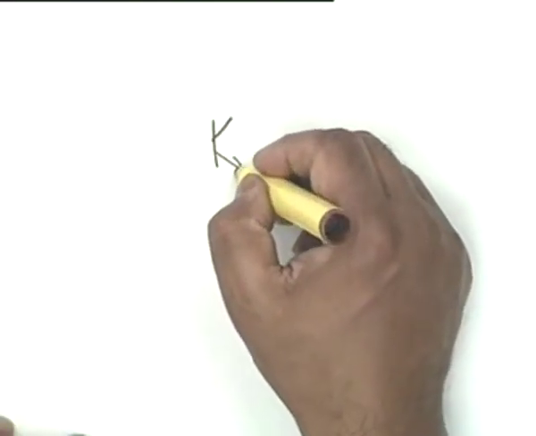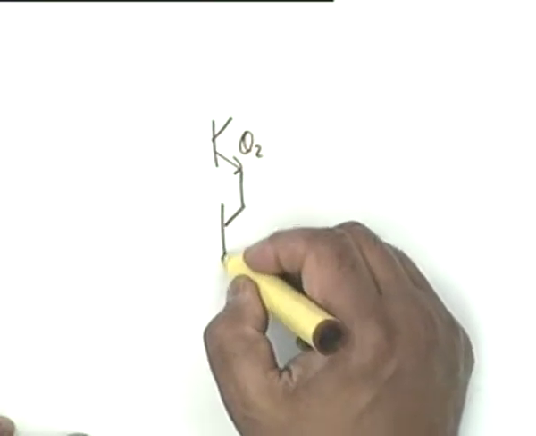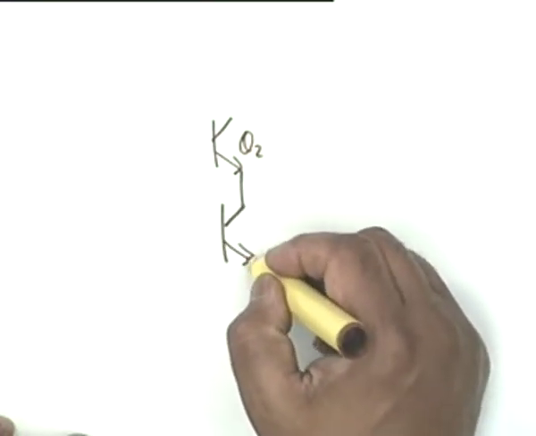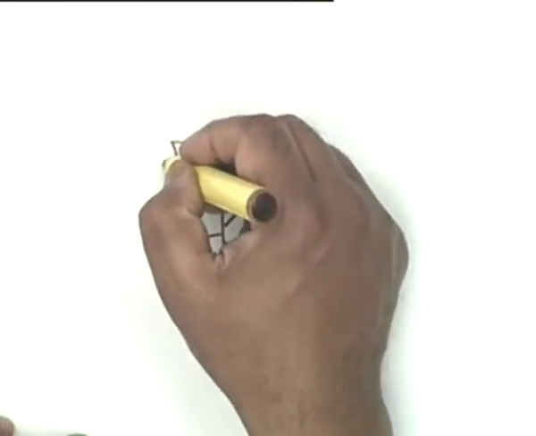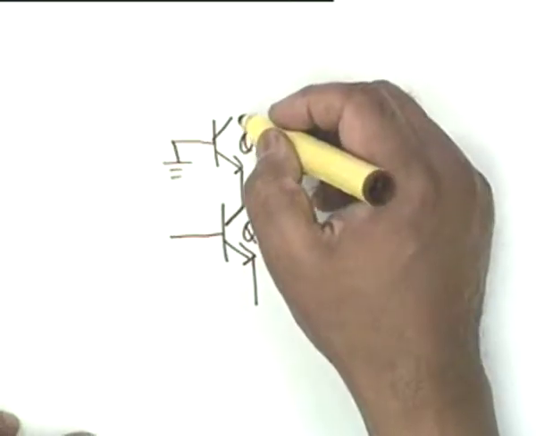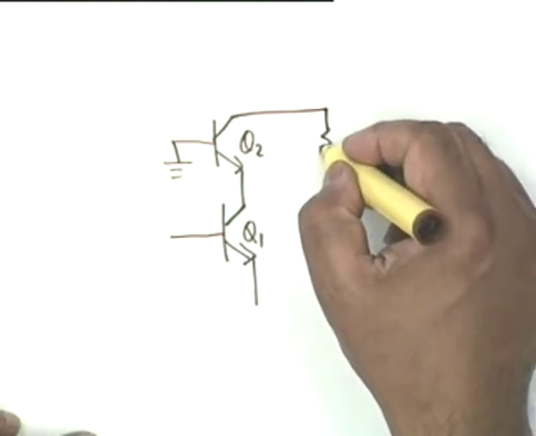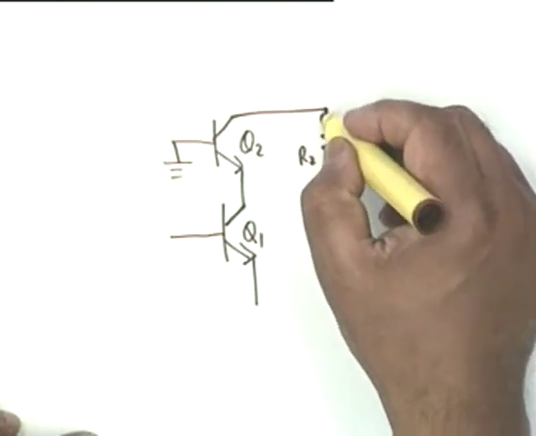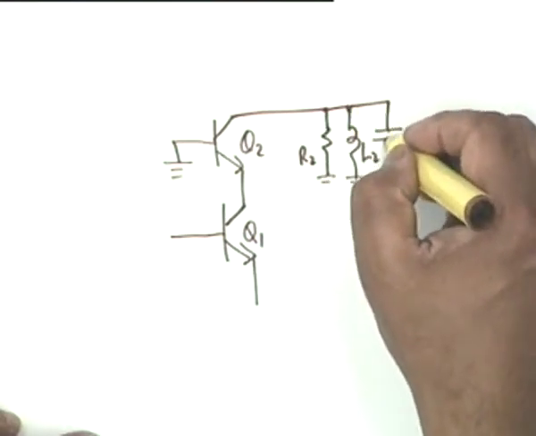I am not drawing the biasing circuits, only the AC part of it. Q2 sits upon Q1. The base of this is grounded, and to the collector of Q2 is connected one tuned circuit. Let us say R2, L2, C2.